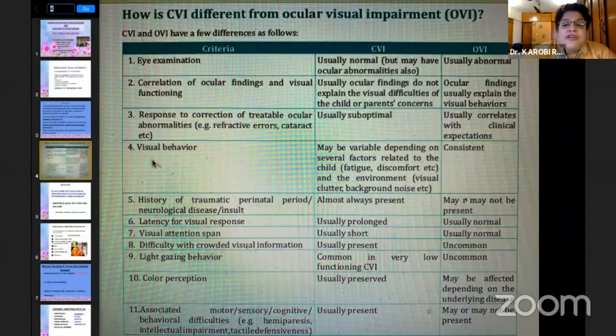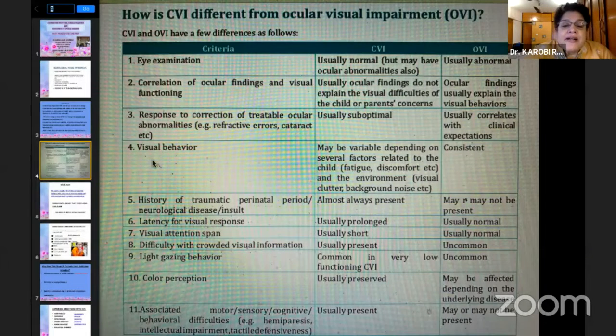Now, you have to differentiate CVI from OVI, that is ocular visual insufficiency. The eye examination in a CVI would be normal, but it would be abnormal probably in an OVI at times. Correlation of ocular findings with visual functioning: the ocular findings do not explain the visual difficulties in CVI, whereas in an OVI they do.